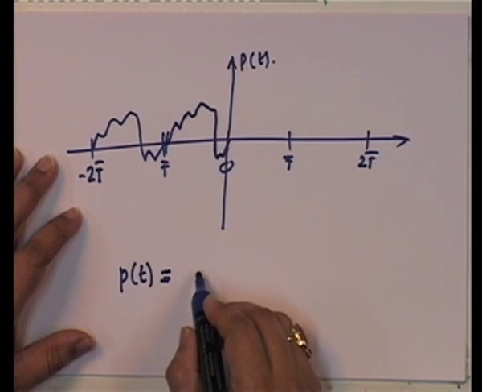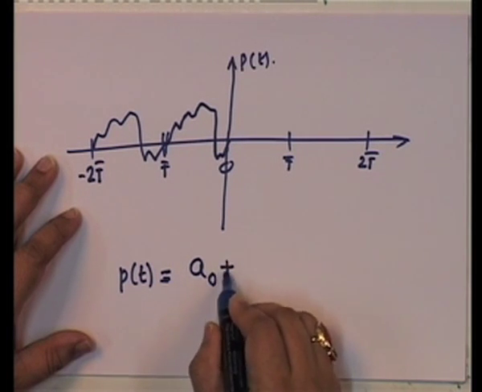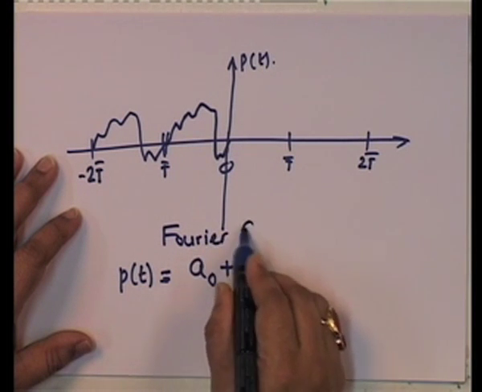And the Fourier series is of the following form: a 0. So, this is known as a Fourier series.